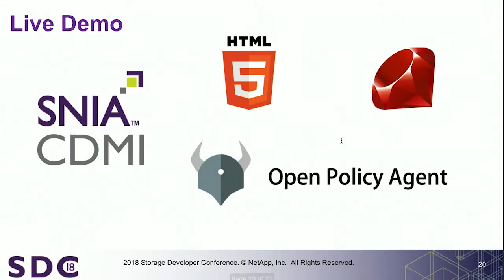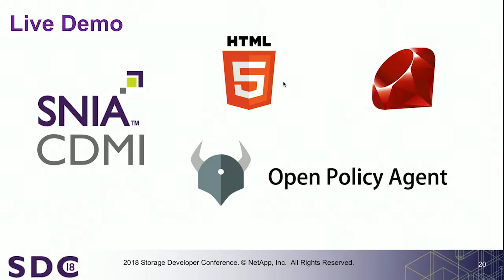So with that, I'm going to give a live demonstration. What I'm going to demonstrate is a CDMI server. This CDMI server is written in Ruby. We've used it to verify that what's in the spec is indeed implementable and makes sense and is operational. We're going to demonstrate a pure HTML5 client.